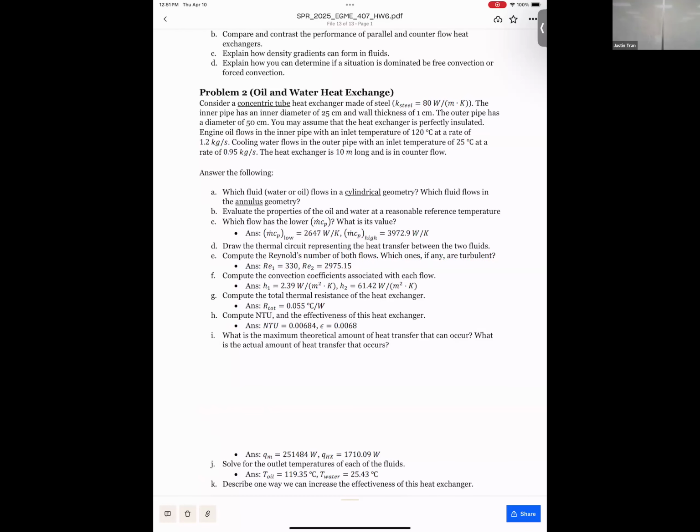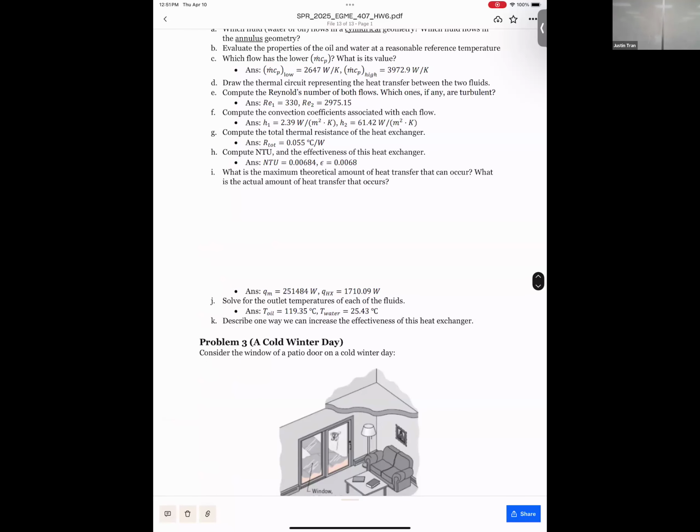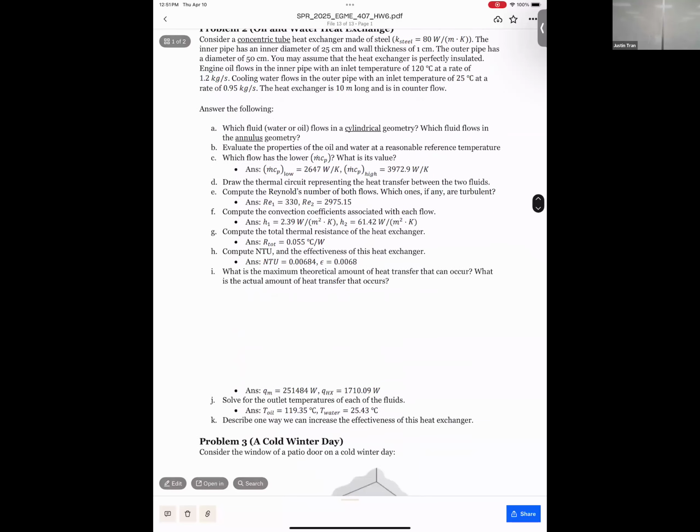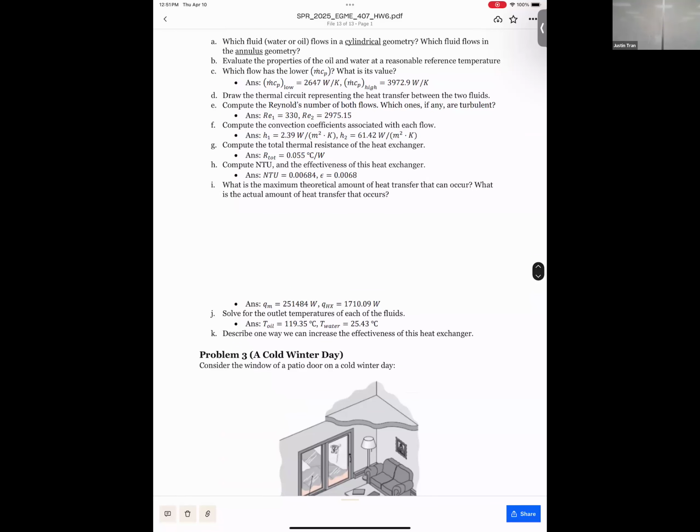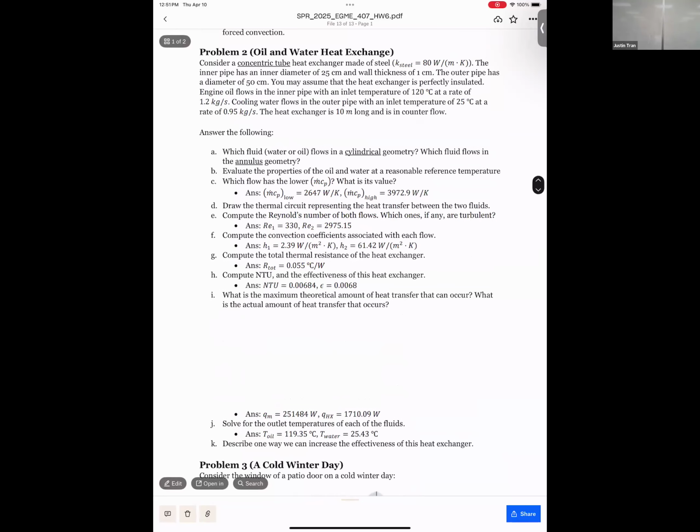You can kind of assume that the temperature of the oil is going to drop, but usually it's not going to drop too much. Although actually, if you look at the solutions, you can see the temperature really doesn't drop at all. The temperature of the oil was only down to 119. So for this one, I think I just evaluated the properties at the inlet temperatures.